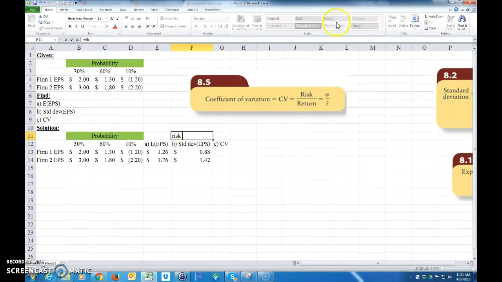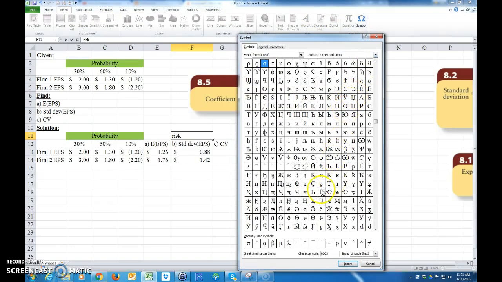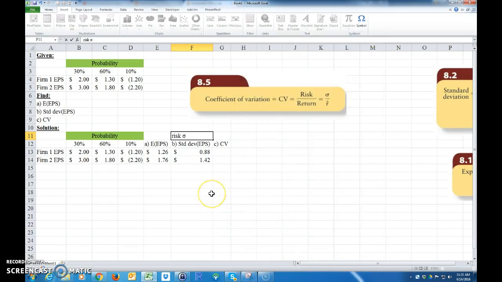You could also call it, if you go to Insert, Symbols, it's also this. So the risk is that. This sigma is another symbol for standard deviation, and this is the reward. So the coefficient of variation is the risk divided by the reward.